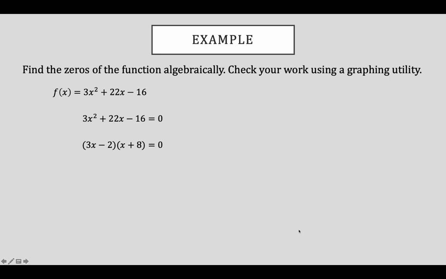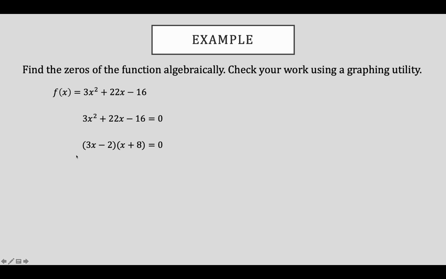Notice if we were to FOIL this out, 3x times x gives us 3x squared. 3x times 8 would give us plus 24x. Negative 2 times x gives us minus 2x, leaving us with 22x. And negative 2 times positive 8 leaves us with negative 16. You might have had to do a little bit of guess and check with your factoring there, but it definitely works out.